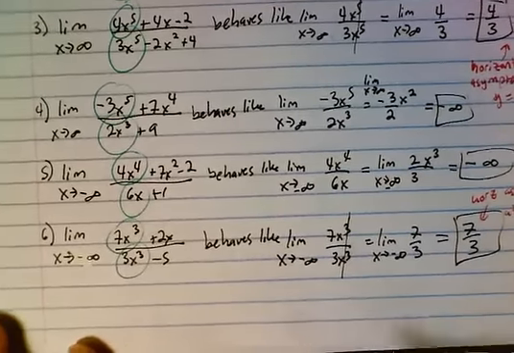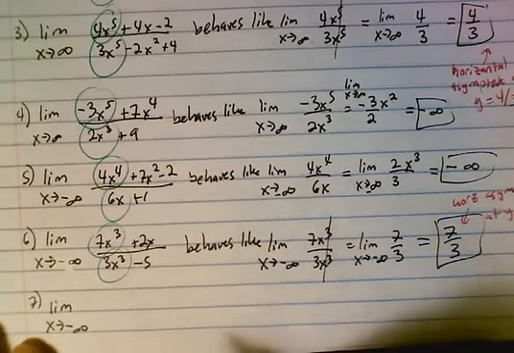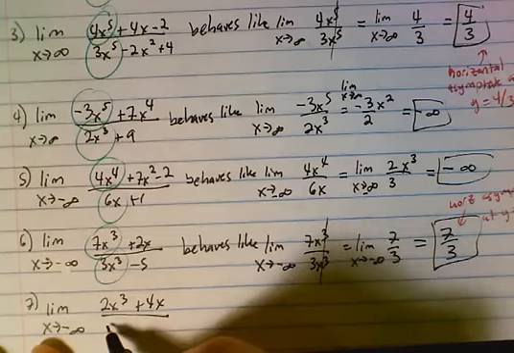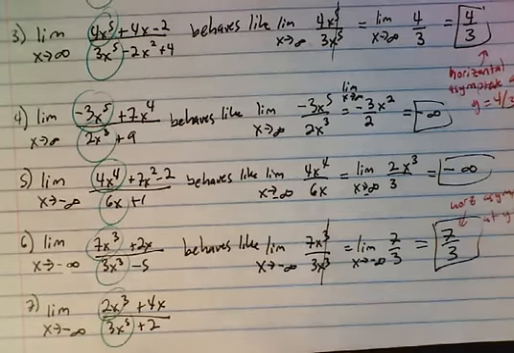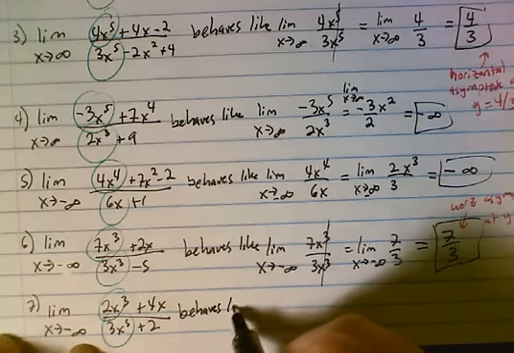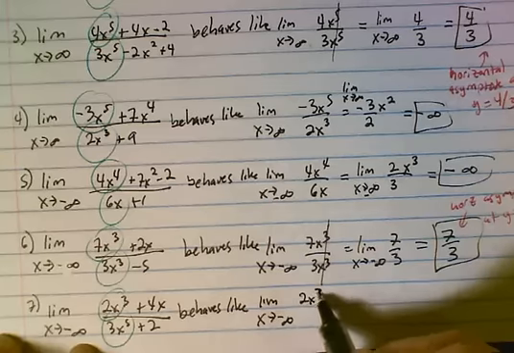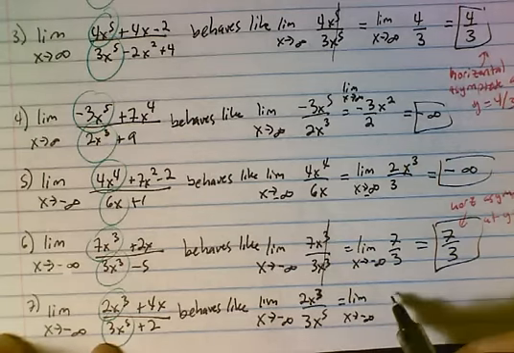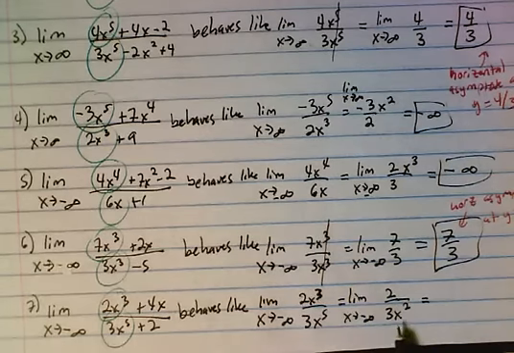And for our final example, let's do another one with an asymptote. Largest exponents behave like... we're going to be dividing by a very, very large negative number.